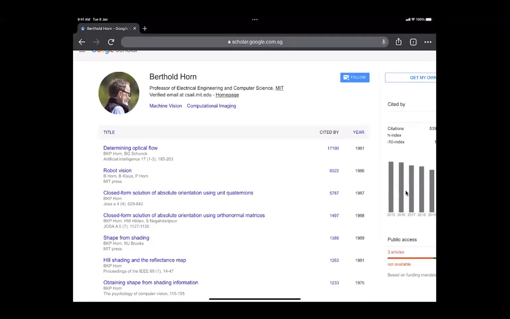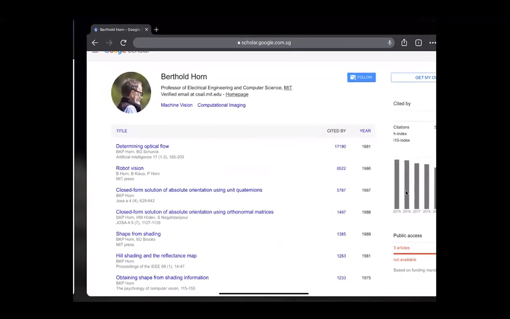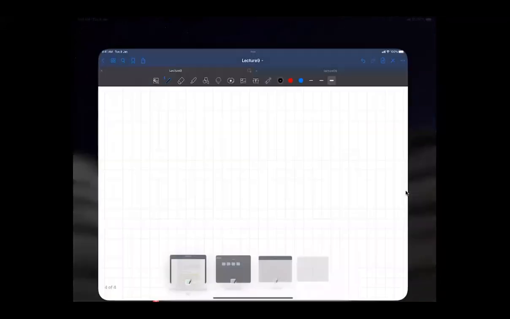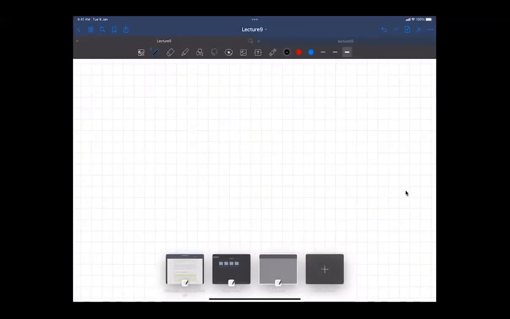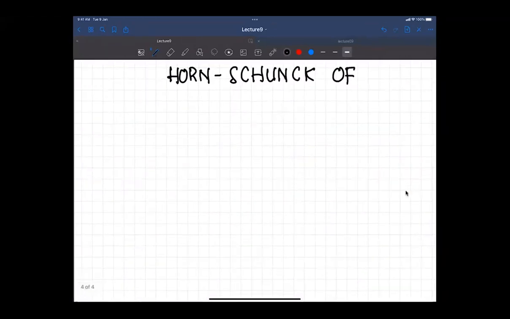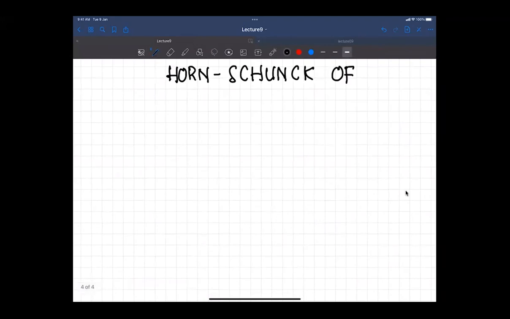Okay. Anyway, so this is just a side information. Okay, so let's look at the Horn and Schunck algorithm. So the objective function is the same.